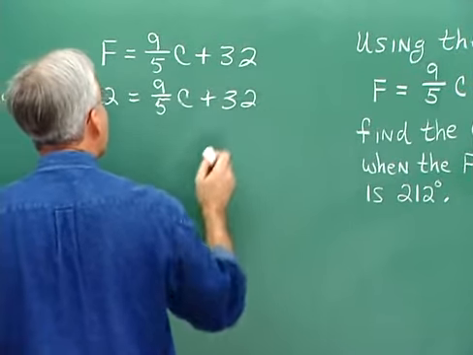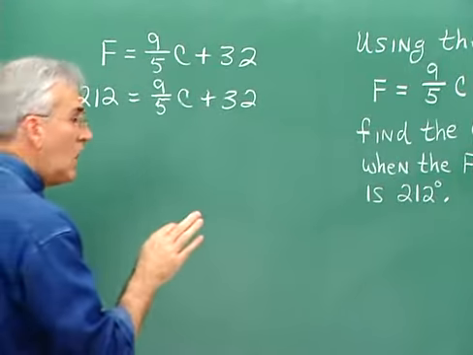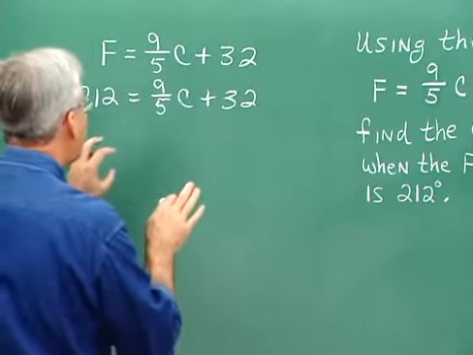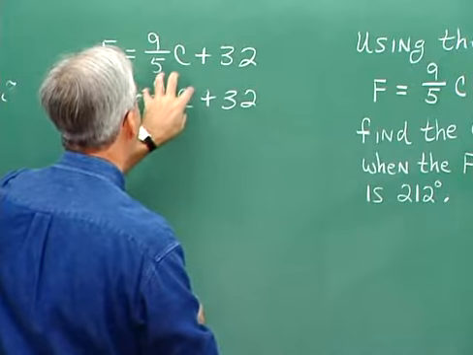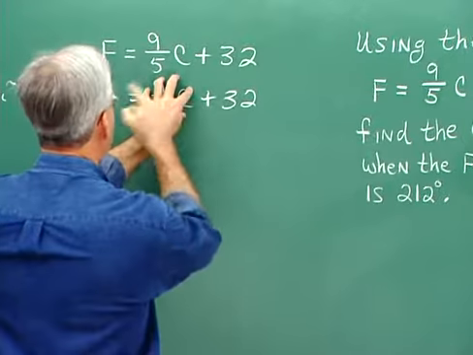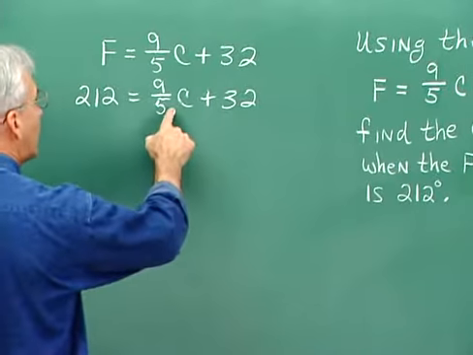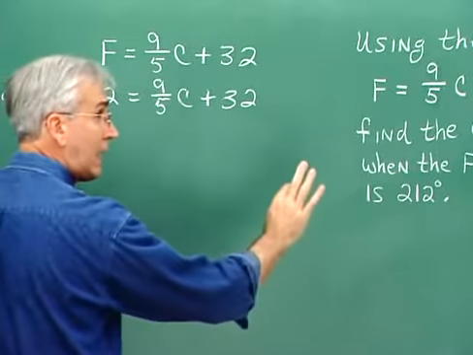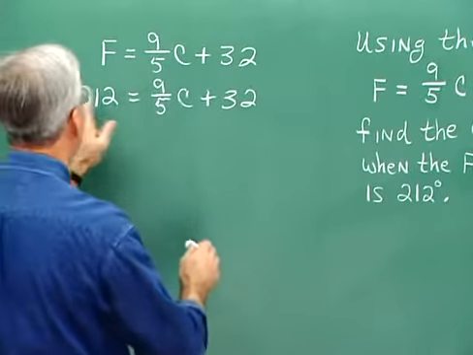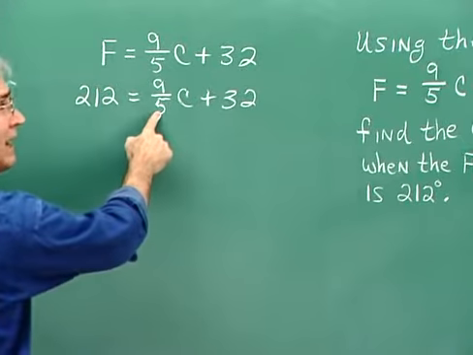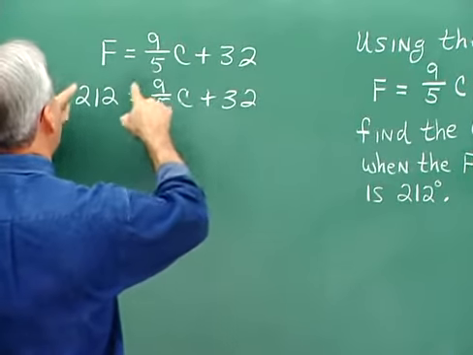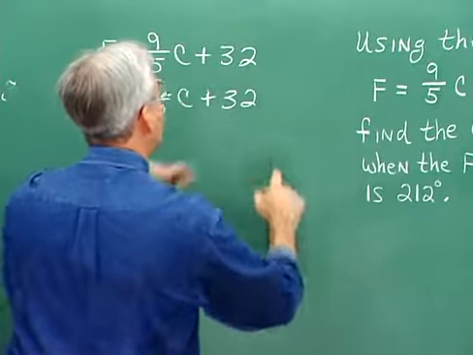Now, once again, we could take two tactics here. One tactic would be to isolate the term involving C, and we would do that by subtracting 32 on both sides. Another tactic would be to clear the fraction very early, like right now, and we could do that by multiplying throughout the equation by 5. That is, multiply that term by 5, this term by 5, and that term by 5.